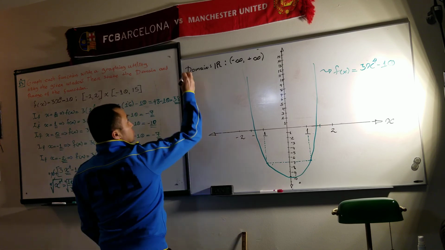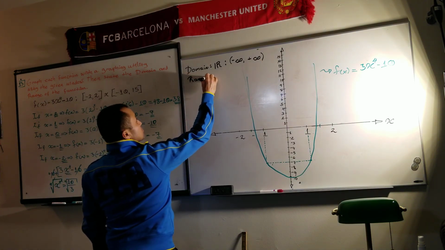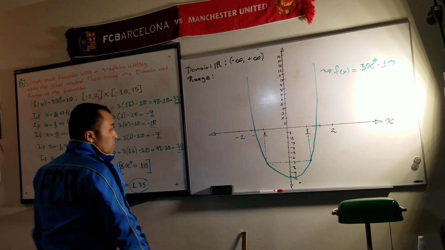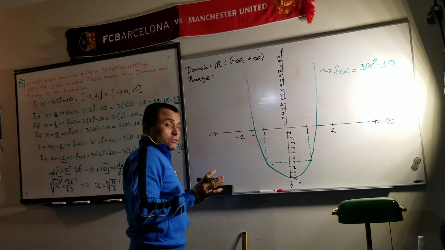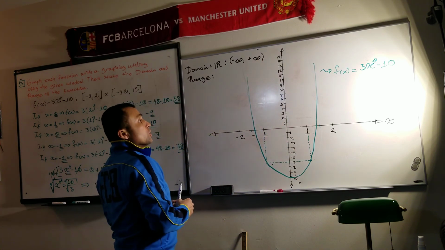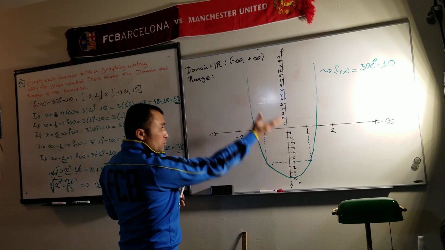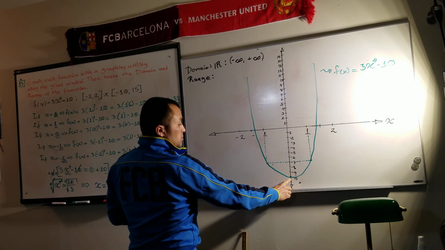And now let's find the range of the function. In order to find the range of the function, we have to look at the y-axis. What is the lowest number on the y-axis? We see that it is starting at minus 10.